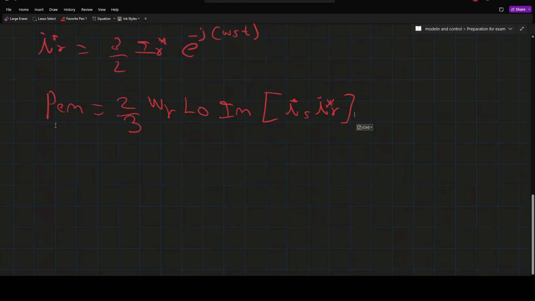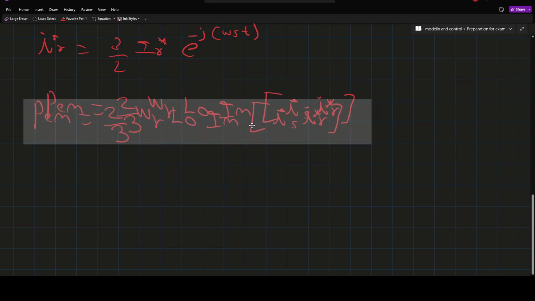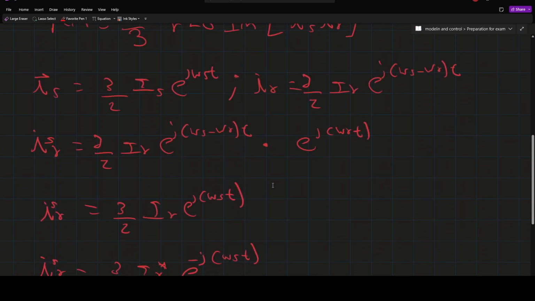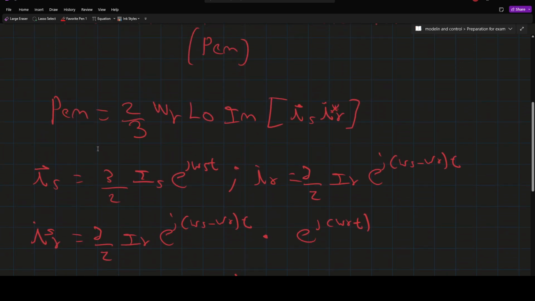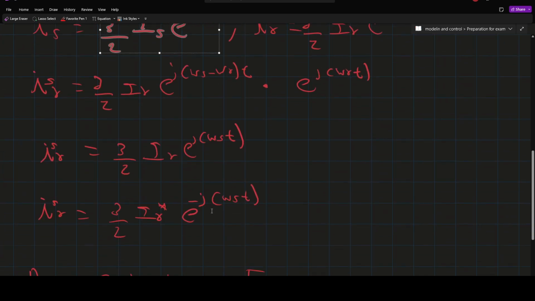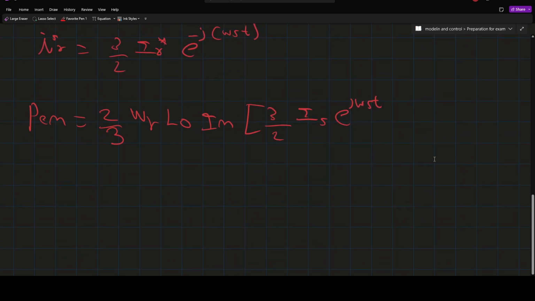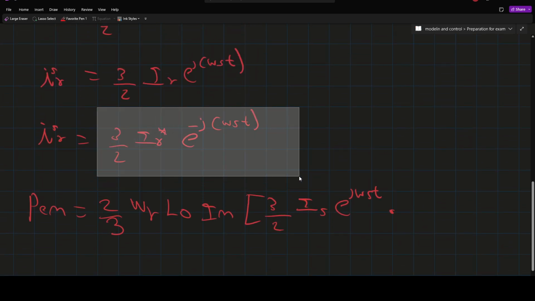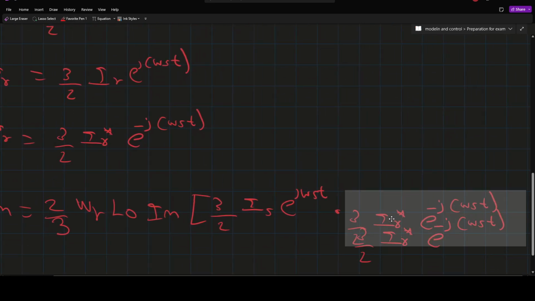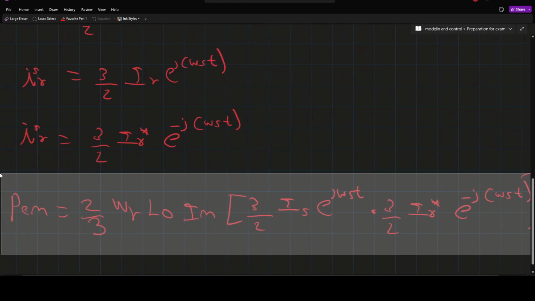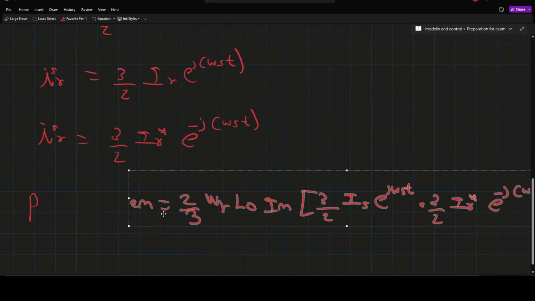So we have this equation here, and what changes is our current. We know that our is is this, multiplied by this. Okay, let me make this smaller so we can see the page.